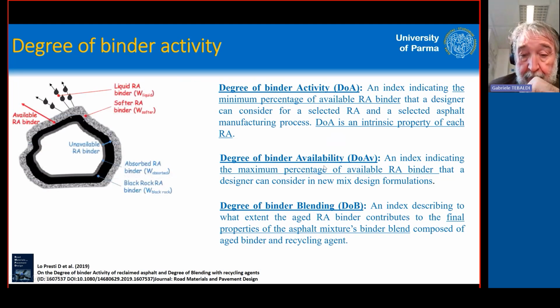And the degree of binder availability is the amount of bitumen that could be available. Doesn't mean that it is active, but it is available.